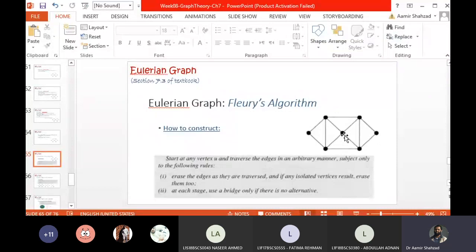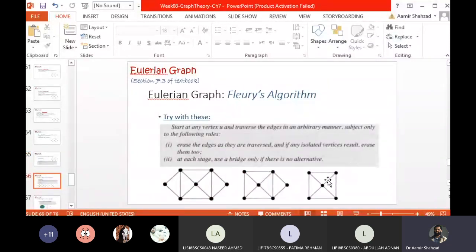And if you find any isolated vertex, so just erase that as well. So at each stage, use a bridge only if there is no alternative. जब आपने बाकी तमाम sides traverse कर ली, only then go to the bridge. ठीक है? So in this way you can form a Eulerian path.